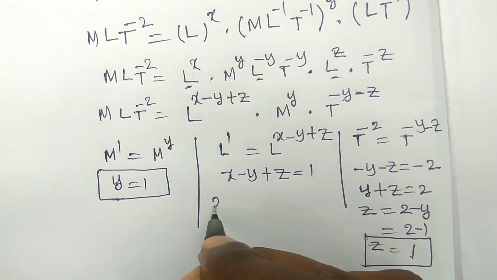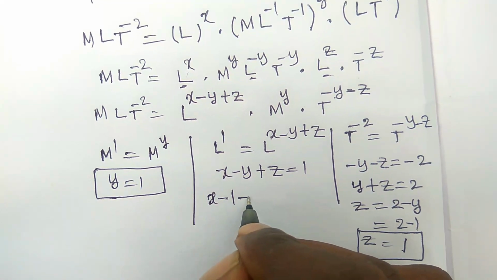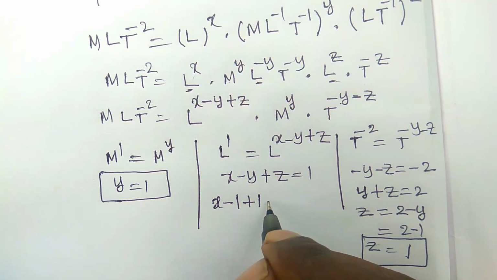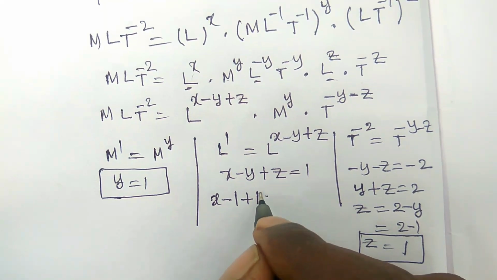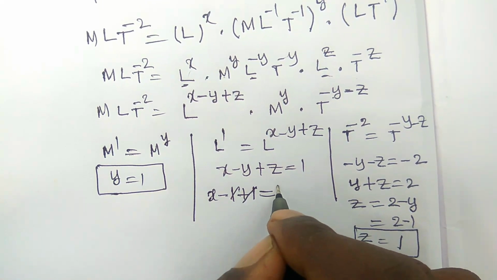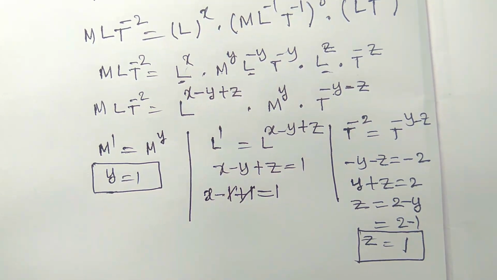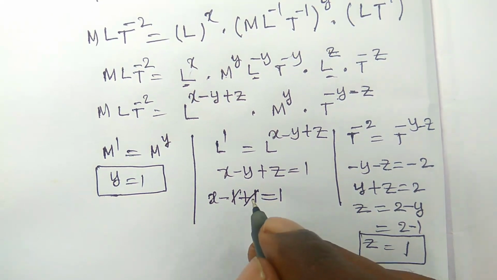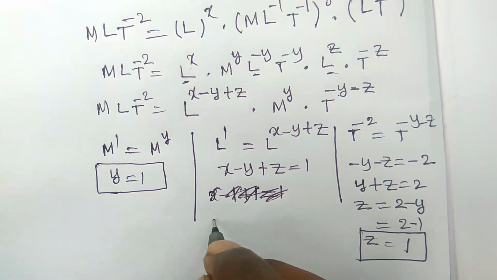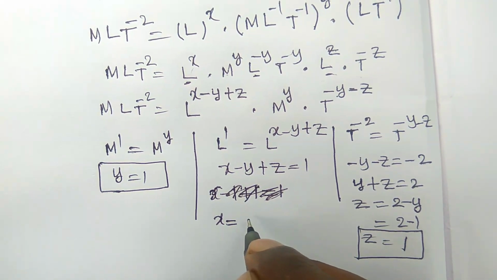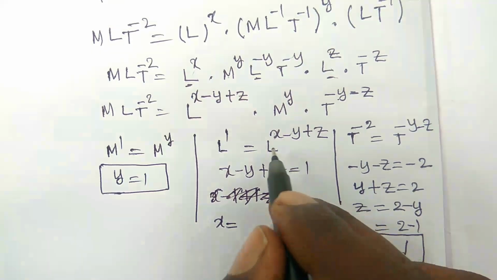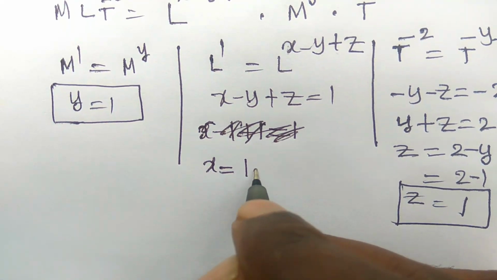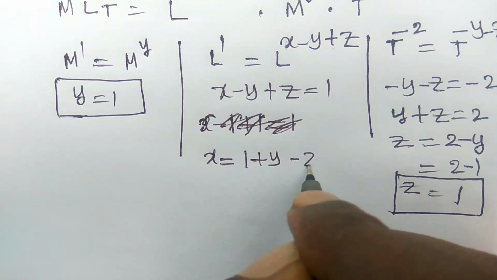From this we can write x minus y plus z is equal to 1. Then we can get x is equal to 1 plus y minus z.